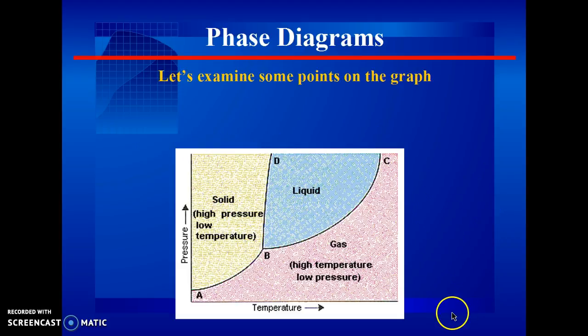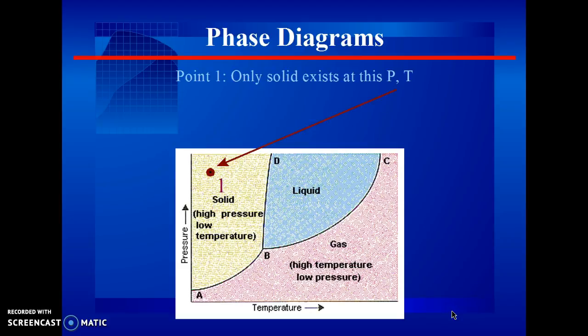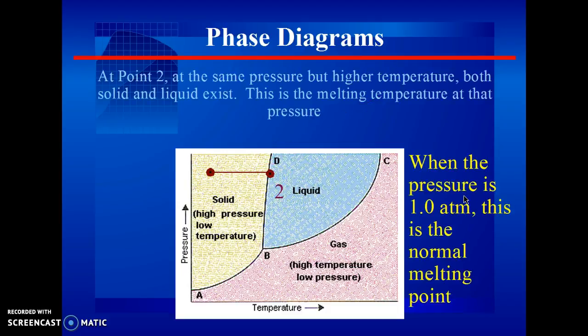Let's examine some more points on the graph. First, and we're just going to choose a point now here up in the solid region, only solids can exist at this pressure and temperature. As we move to the right, we see at the same pressure but at higher temperature, both solid and liquid exist. This would be the melting temperature of this substance at that pressure.